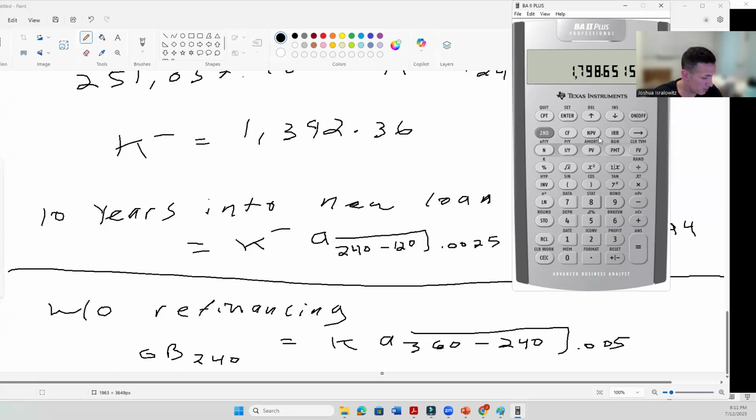This was my original payment. All right, so without refinancing, you owe quite a bit more, 162,101.76. I won't write this down, but I want to make sure everything is inputted right. It looks fine. I just want to check.